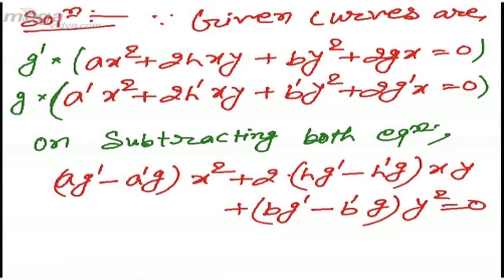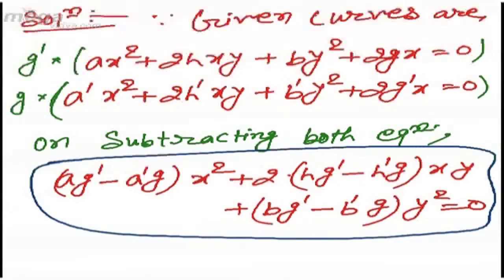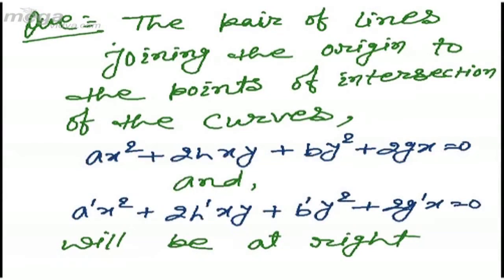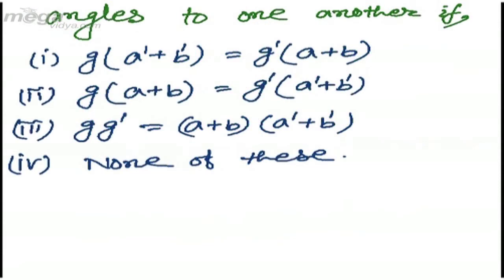Now student, this equation will represent the pair of straight lines joining the origin and the point of intersection of these two curves. Now according to the condition, those lines will be at right angles to one another.